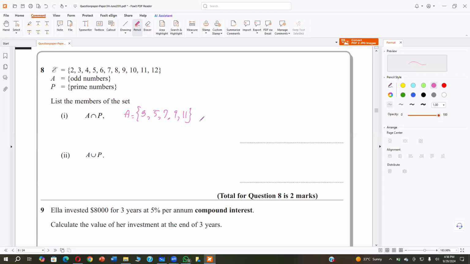And P will be prime numbers 2, 3, 5, 7 and 11. So what will be common between A and P? 3, 5, 7 is looking common to me.